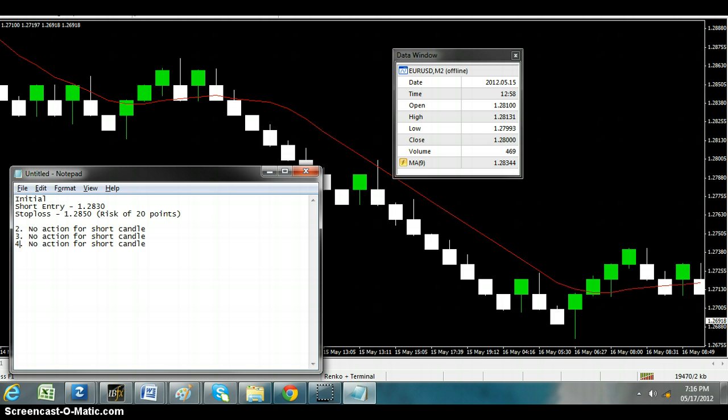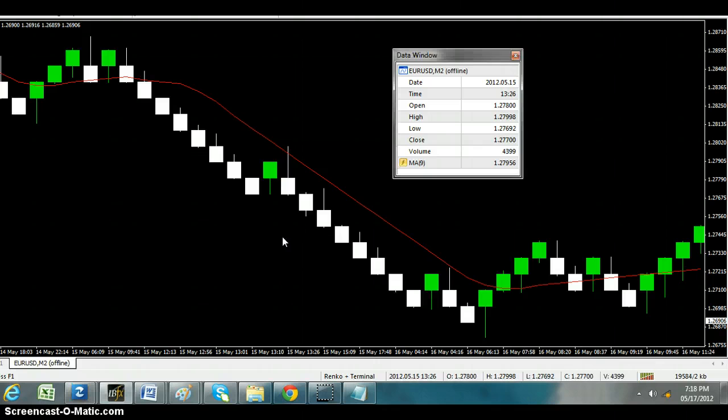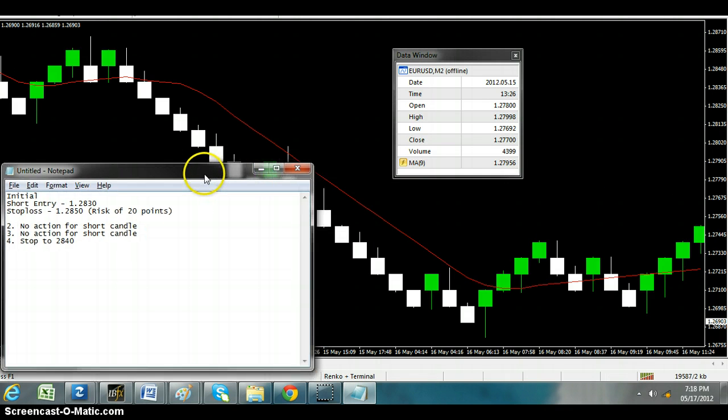And step 4, stop to 2840. So step 2 is when we got the candle from 2830 to 2820.